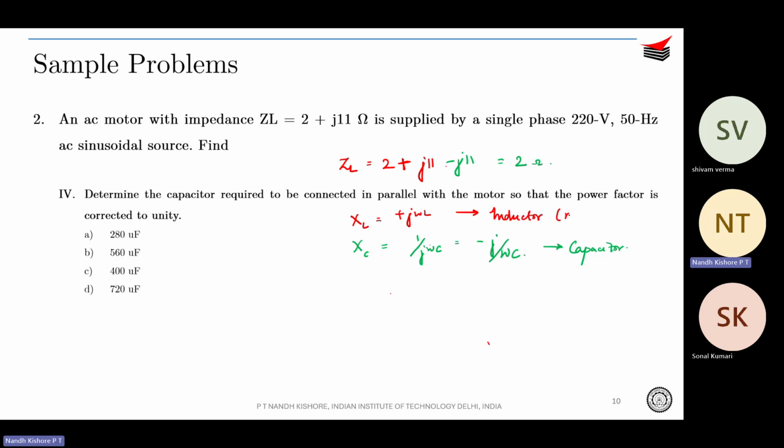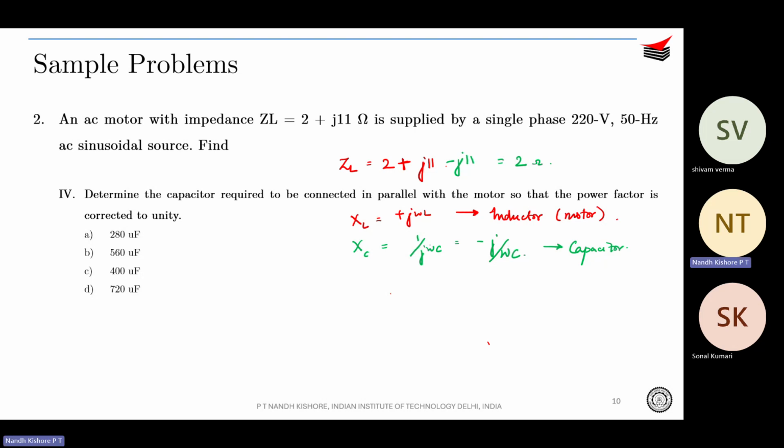In this case, the motor is made up of windings only, so basically it gives an inductive characteristic. So I will obviously attach a capacitor. Why? So that I am able to compensate for this reactance, this inductance.